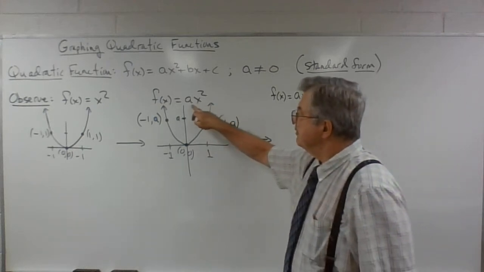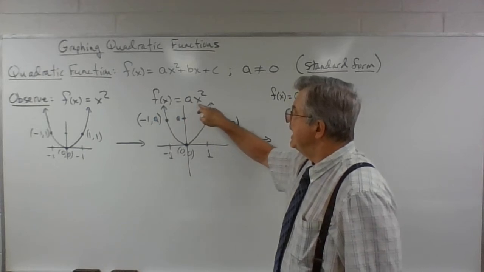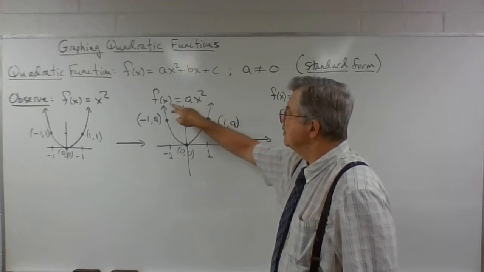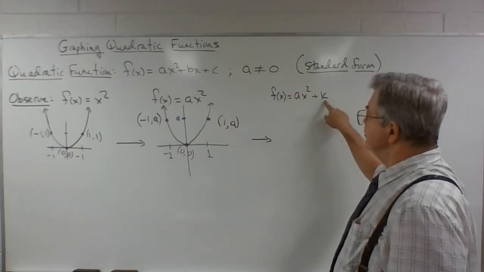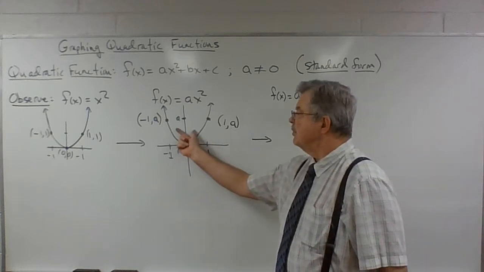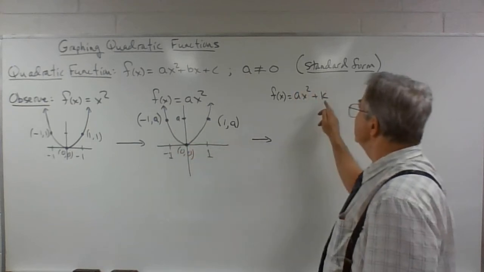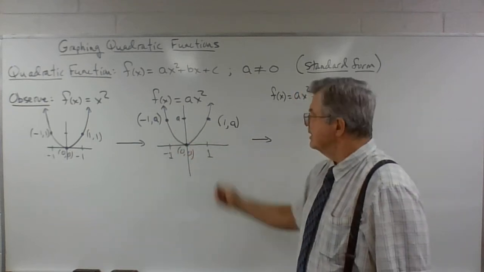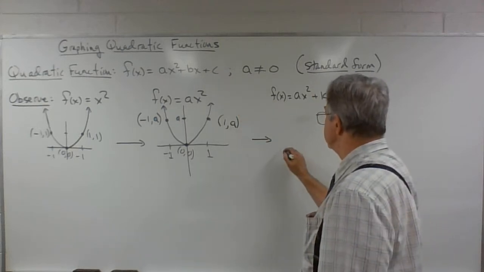I'm taking this graph, f of x equals ax squared, so ax squared is the y coordinate of every point on this graph, and I'm adding k to it. So what I'm really doing is taking the y coordinate of every point on this graph and adding k to that y coordinate. That's going to shift the graph up k units.